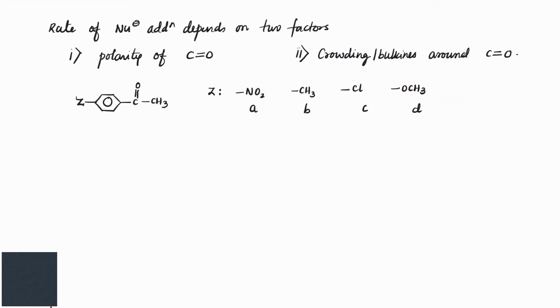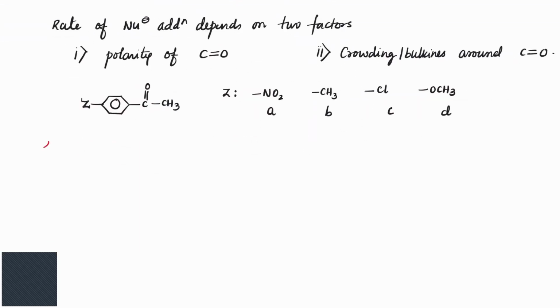Let me write that down here. In this first case, the rate of nucleophilic addition reaction would be greater in the case of A, then C, then B, then D, because methyl and OCH3 are donating groups.